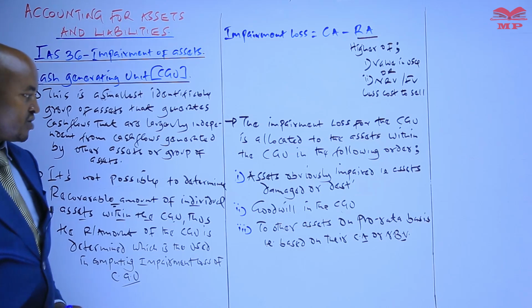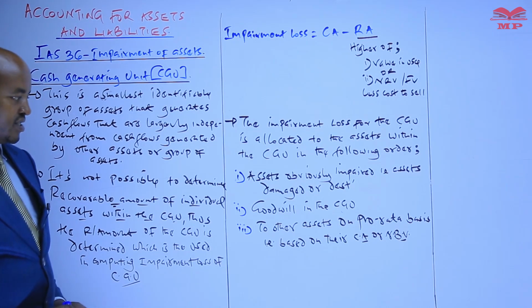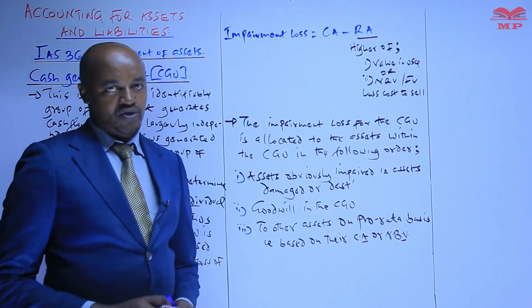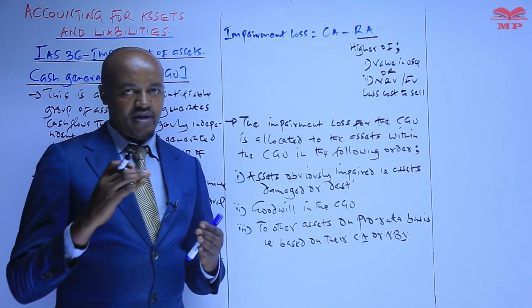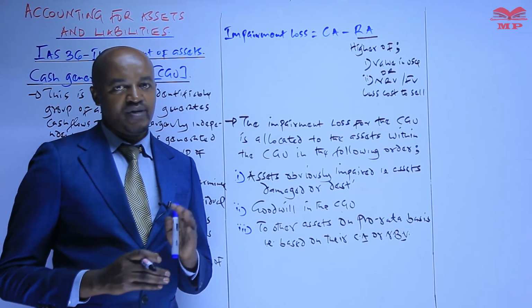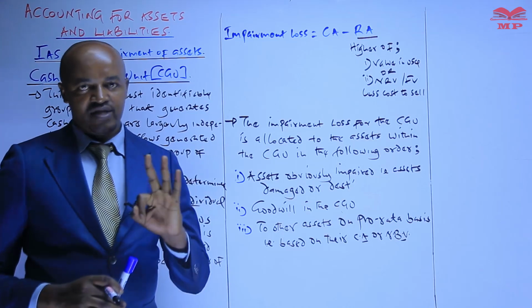It is also important here to know that when allocating this particular impairment loss, the value of the asset should not be reduced below the higher of the three values.